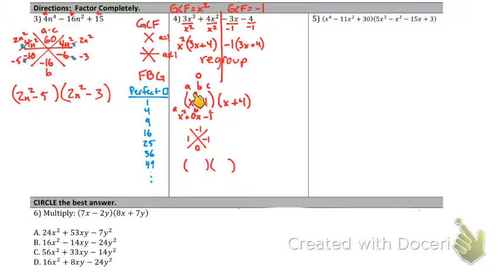So we split the x, so that's x and x, positive 1, and negative 1. So this guy got factored again, and it turned into this factor, and now we're going to bring this guy down. All right, so again, always check, can I factor further?